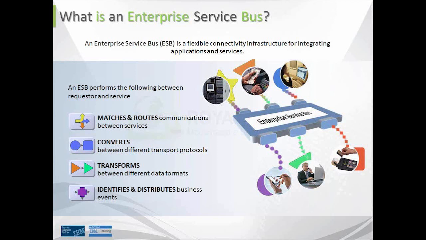It routes the messages between the services, it converts the transport protocol. Suppose you have a legacy application on one side and open systems on the other side. The legacy application uses a protocol called LU6, and on the other side probably TCP, right? So in those scenarios it transforms the protocols as well, and then it transforms the message formats.